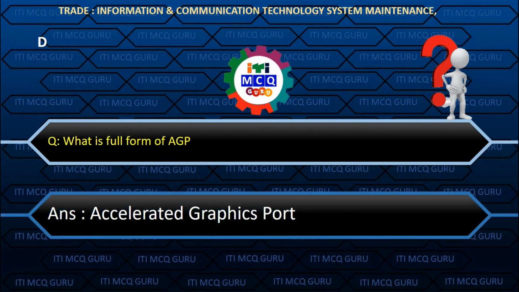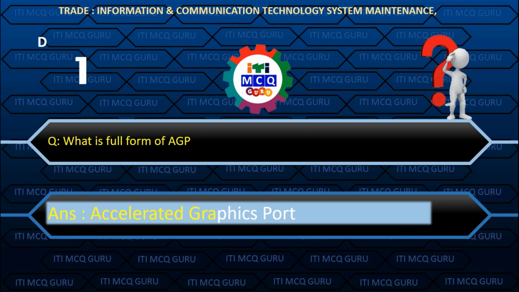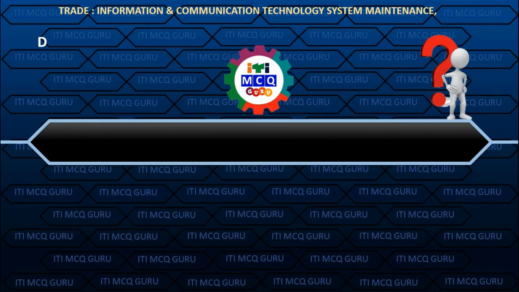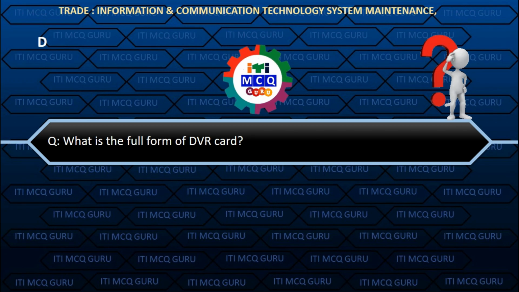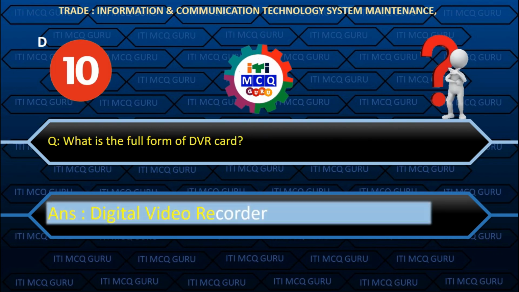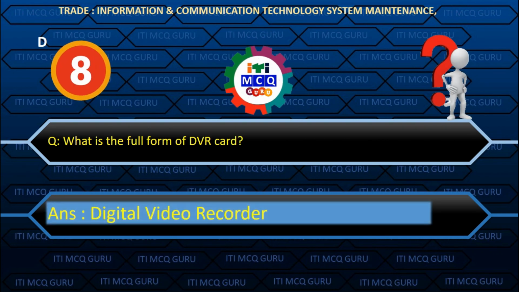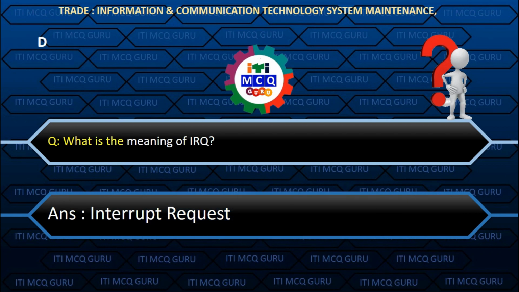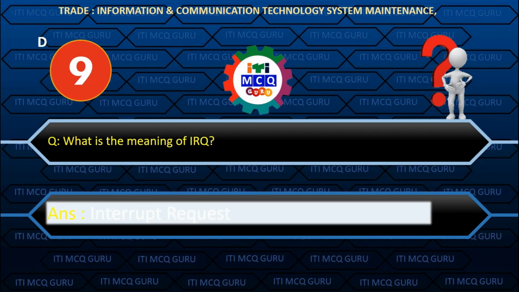Answer is Accelerated Graphic Port. What is the full form of DVR card? Answer is Digital Video Recorder. What is the meaning of IRQ? Answer is Interrupt Request.